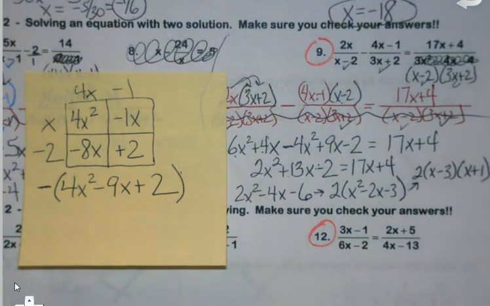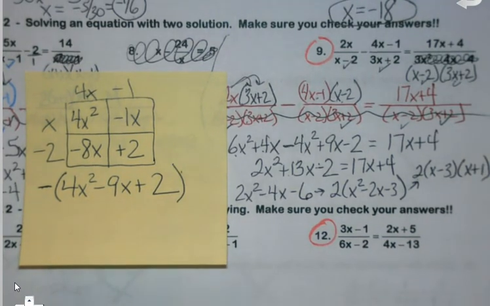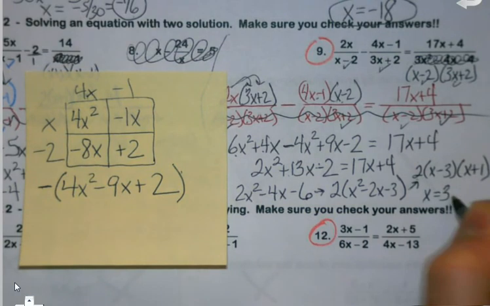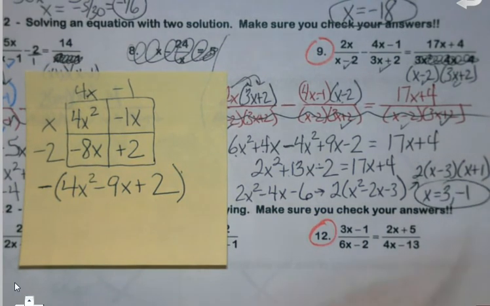So once I take the 2 out, now it's just a diamond. What multiplies to negative 3 and adds to negative 2? Negative 3 and 1. And you set each of the sets of parentheses equal to 0. That 2 now kind of just disappears. So x is 3 and x is -1.